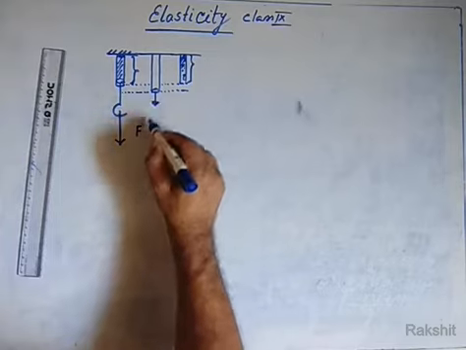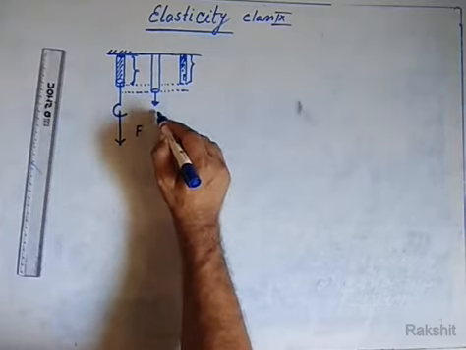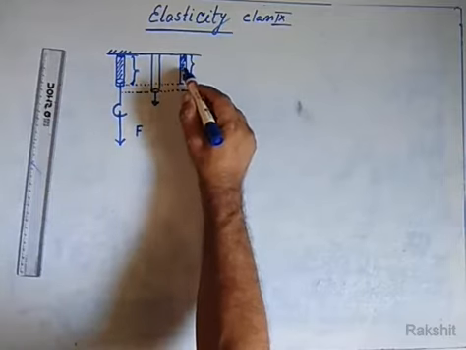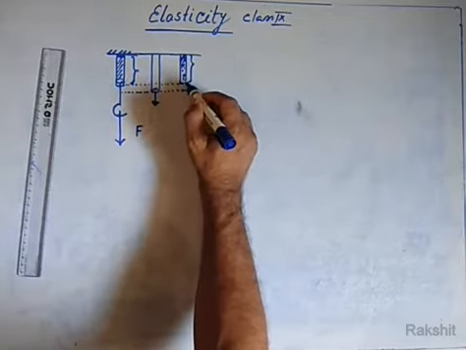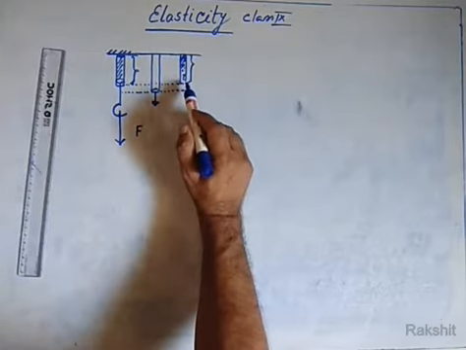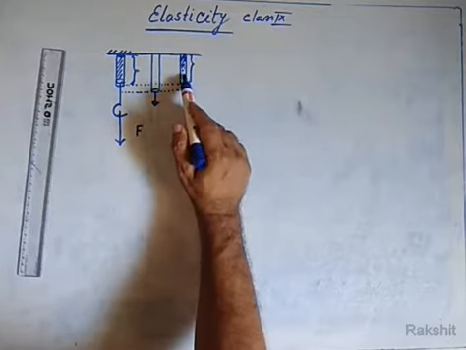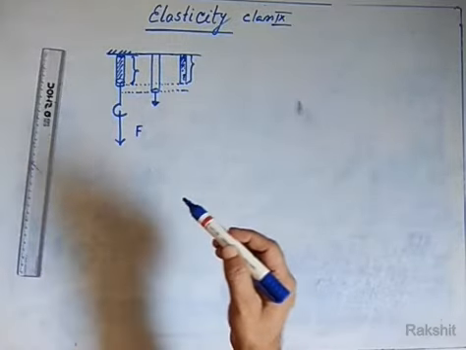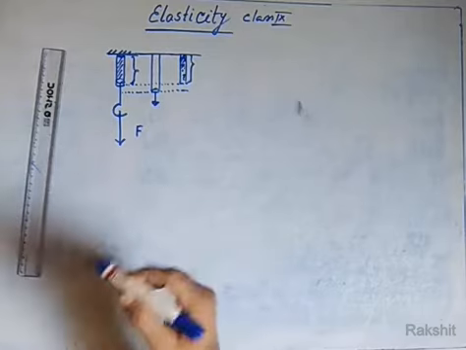So as soon as this deforming force disappears, this elongated rubber tube regains its original size. And the regaining of original size or original shape of any physical body is inherent property of that body.